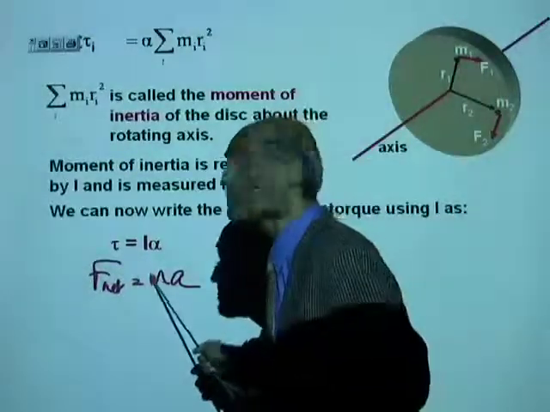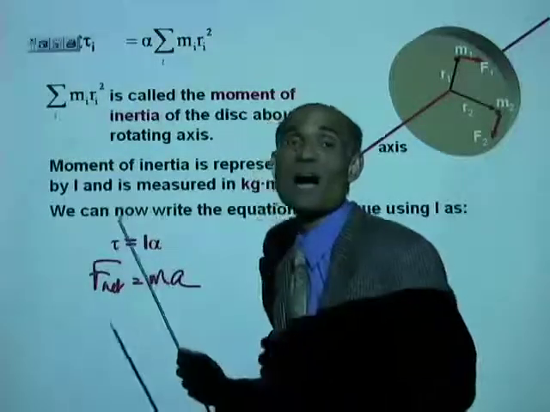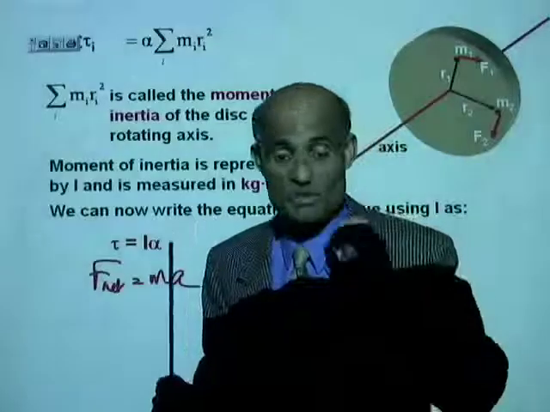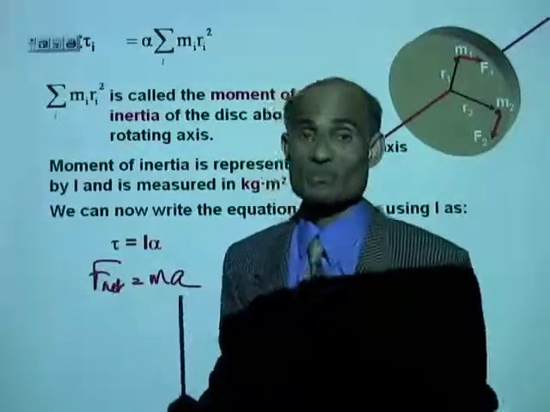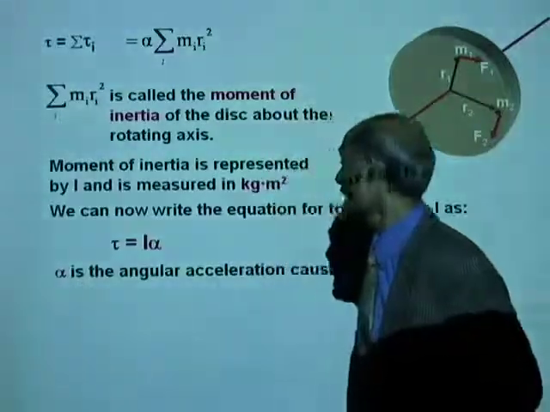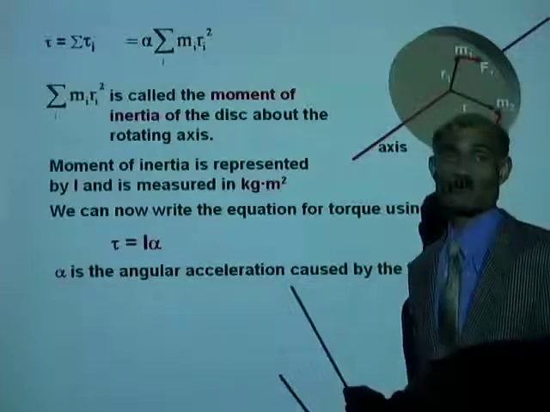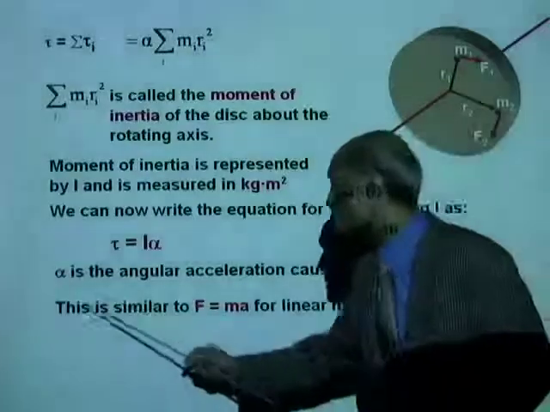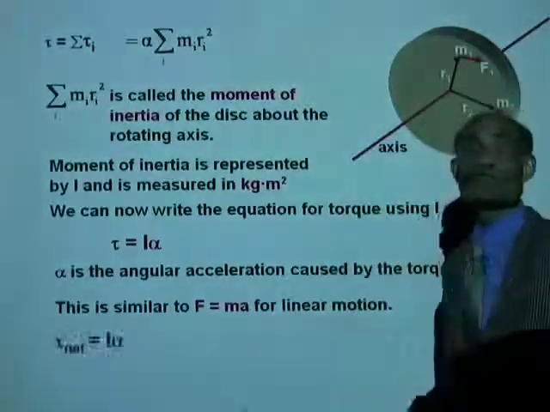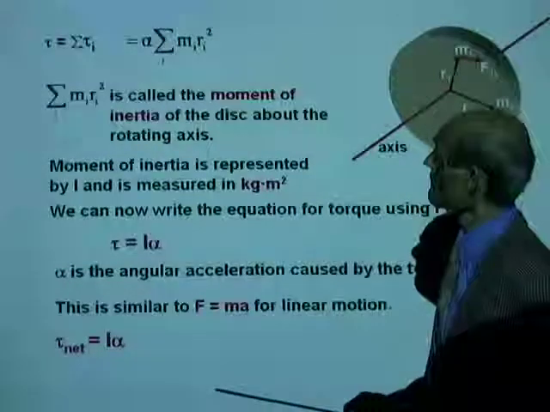F net equal to ma, tau net equal to I alpha. So you must understand that relationship. Alpha is the angular acceleration caused by the torque. Now this is similar to F equal to ma for linear motion.